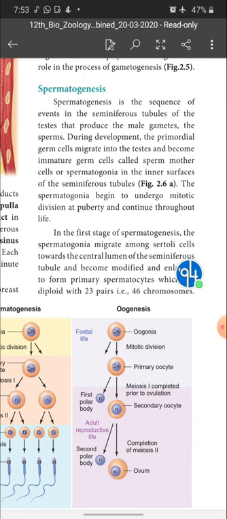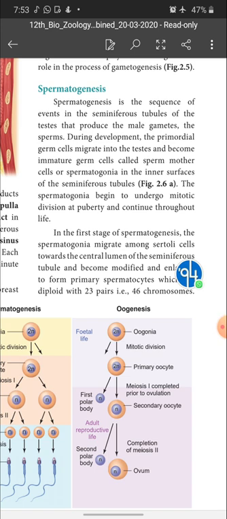That is primordial germ cells migrate into the testis. So the primordial germ cell migrates into the testis and becomes immature germ cells or spermatogonia in the inner surface of the seminiferous tubules.